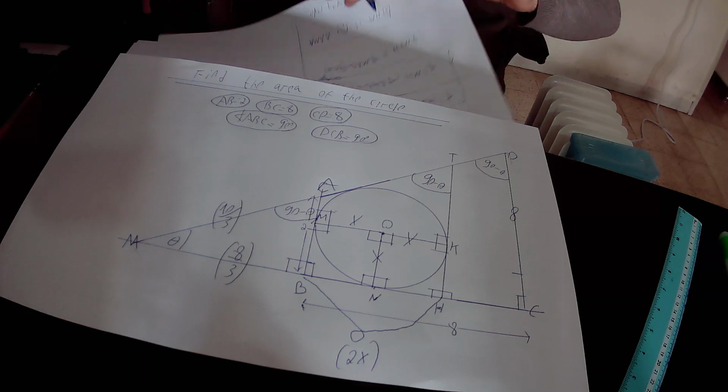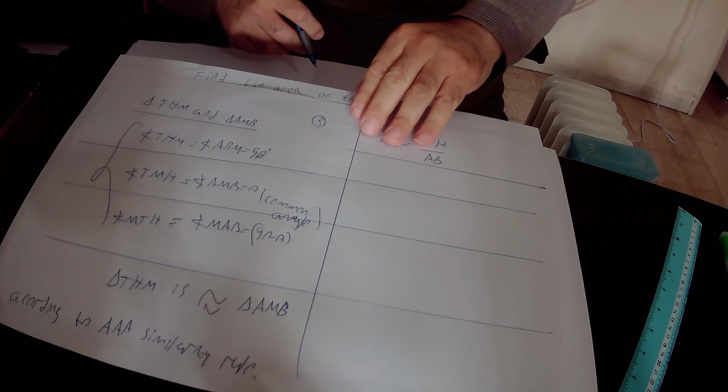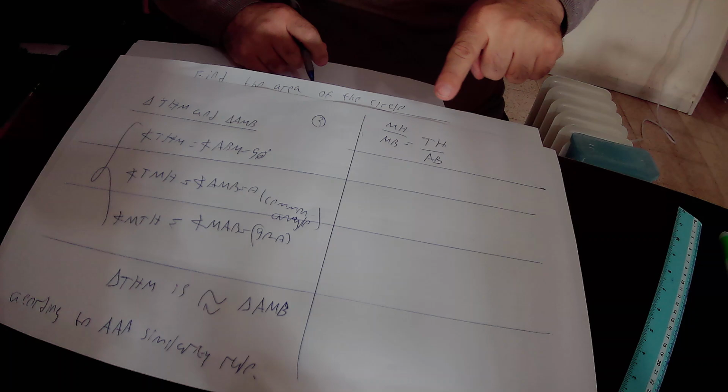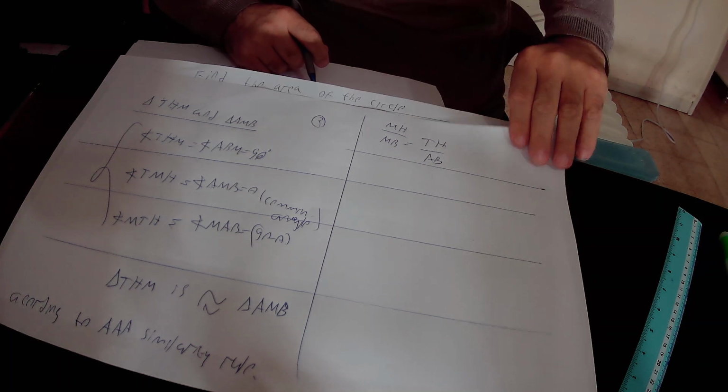Repeat again, we derive that MH over MB equals TH over AB.